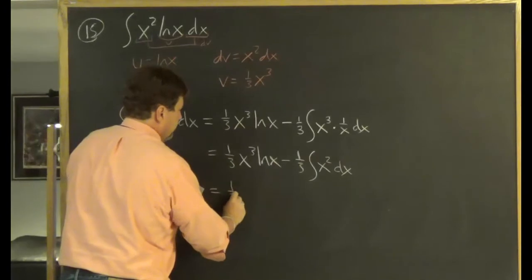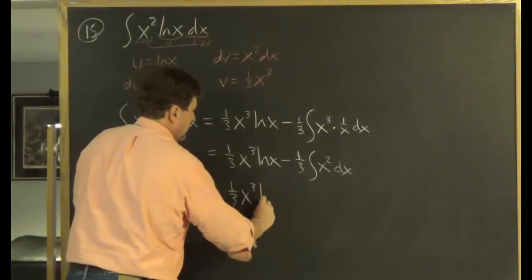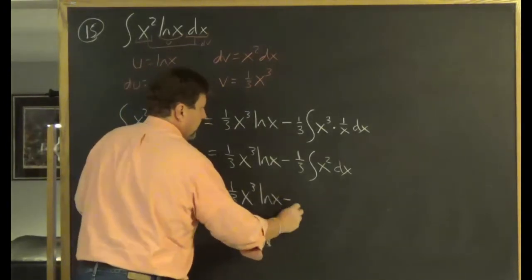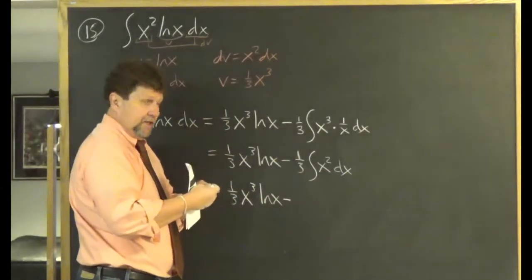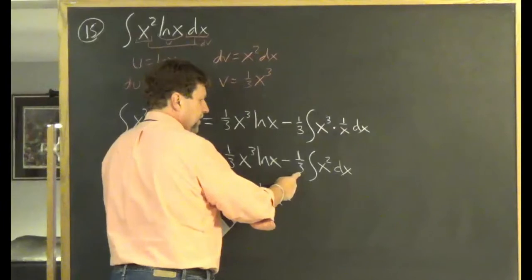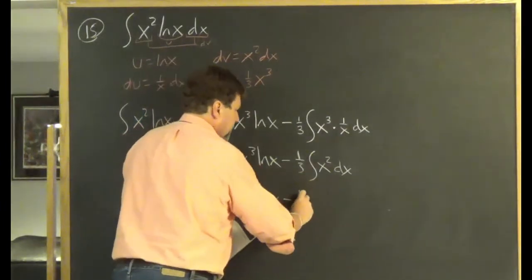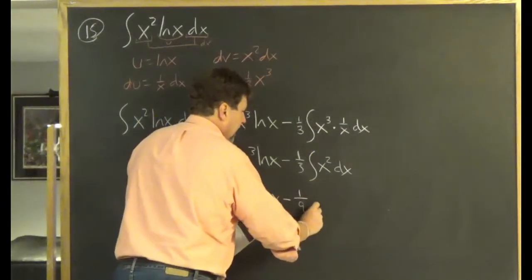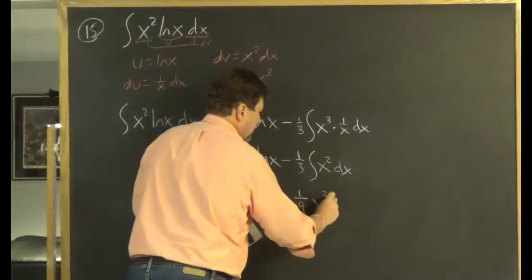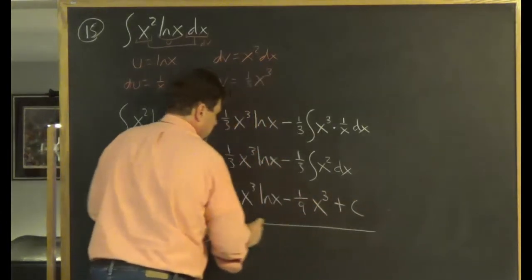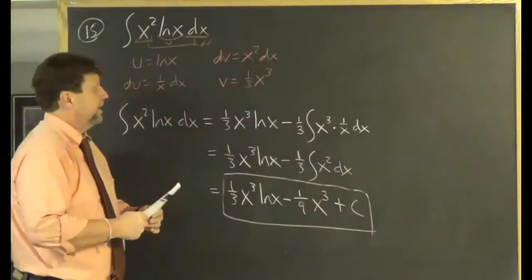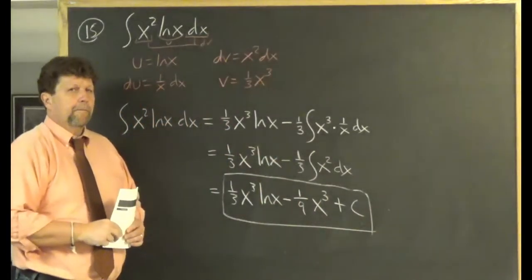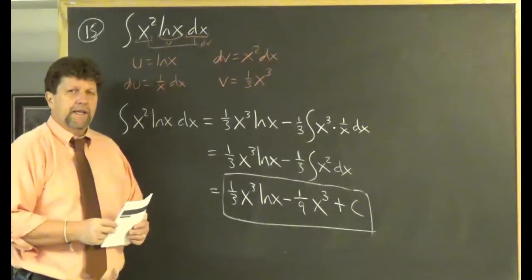And final step, the antiderivative of x squared is 1/3 x cubed. So 1/3 times 1/3 x cubed gives me 1/9 x cubed. And that's our antiderivative. Hopefully you're able to get number 15.